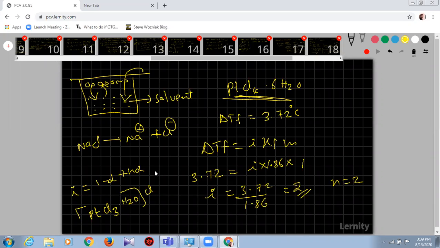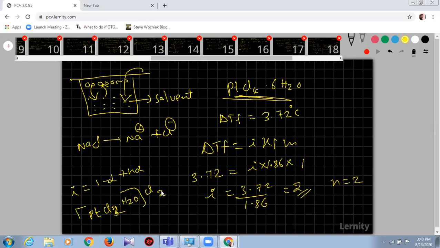Based on the options you can go over now. Don't remember anything. If you see the first option, outside how many chlorines are there? 2 chlorines are there. Then what is the n factor? Suppose here instead of 2 they put 2 here, how many ions would you get? This is 1 and this 2, then the i value would be 3. But we are getting 1 or 2 only.